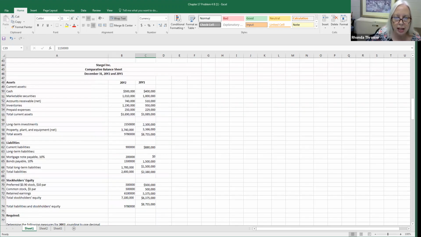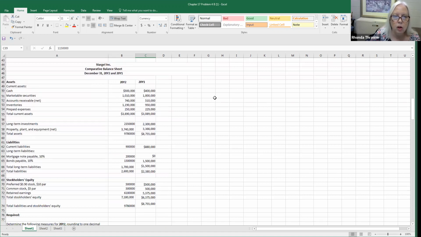You would find your amounts on the comparative balance sheet. Again, we're going to be doing this ratio for the year 2000 Y2. So what you have to know is what your fixed assets are. And your fixed assets are your property, plant, and equipment.